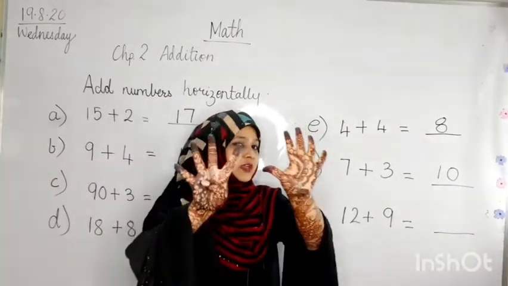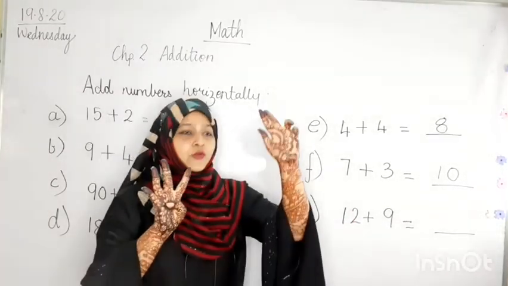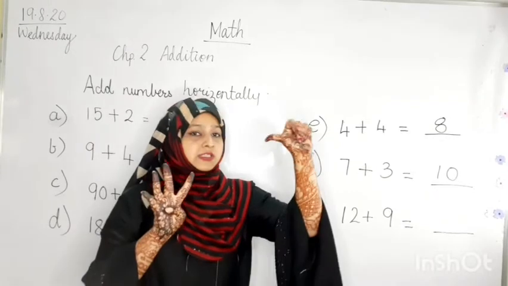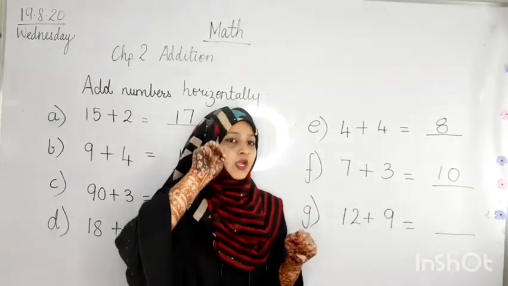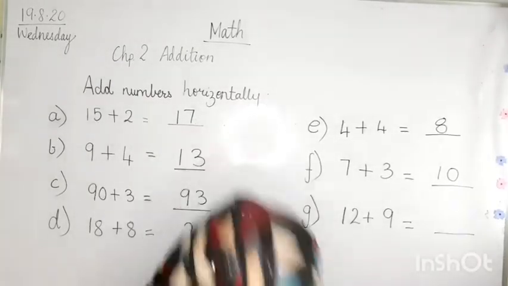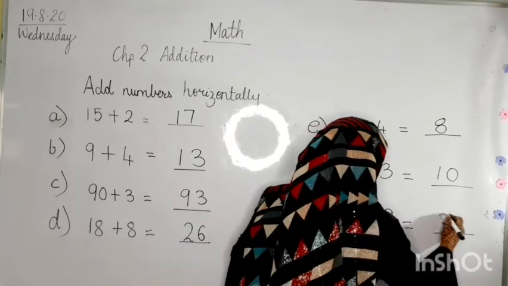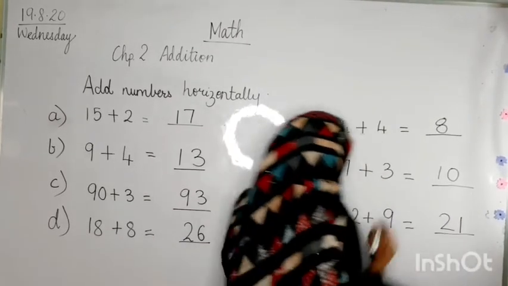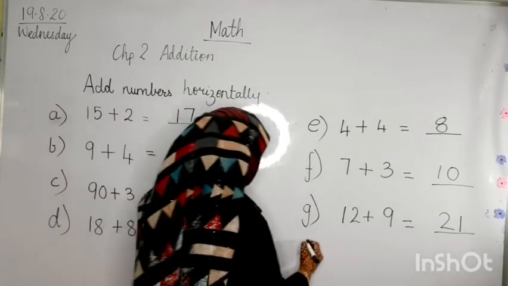I have 9 fingers out. So I am going to count after 12. That is 13, 14, 15, 16, 17, 18, 19, 20, 21. We got 12 plus 9 gave us the answer as 21. Yes, let's take the last example for this now.